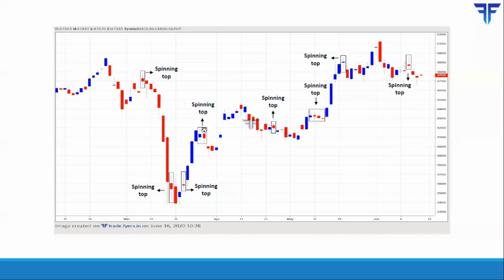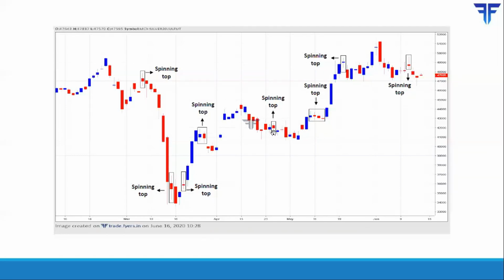Then here you have two spinning tops that formed after three strong days of rally. So it kind of signaled a temporary pause to this uptrend. In the next 3 to 4 days, we have minor consolidation that took place before price broke above the high of these particular days.